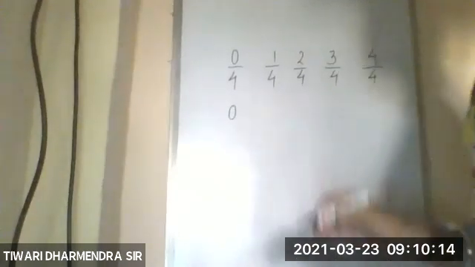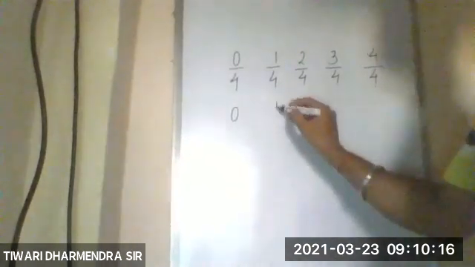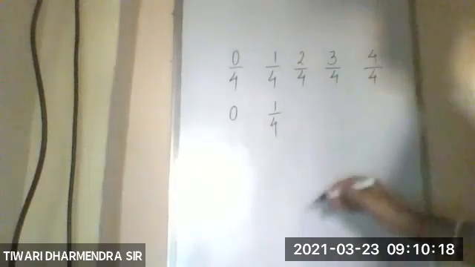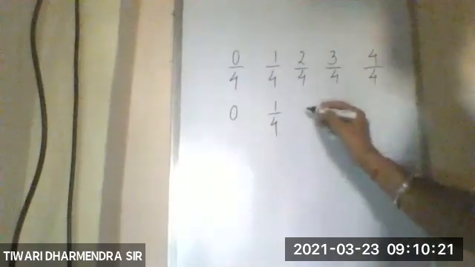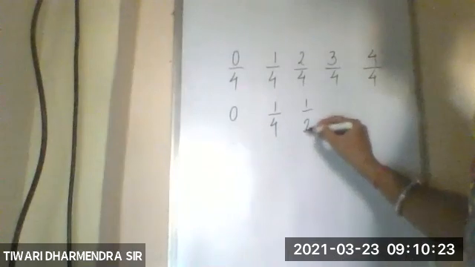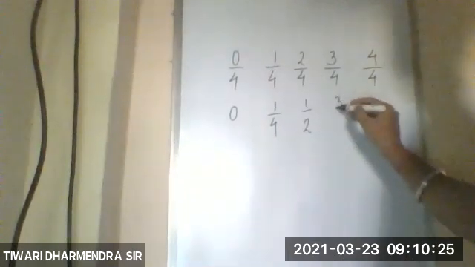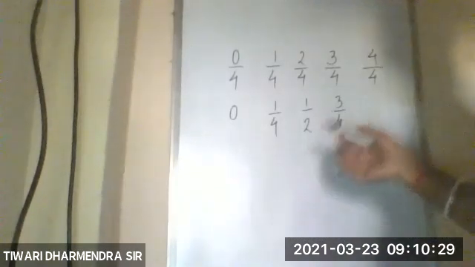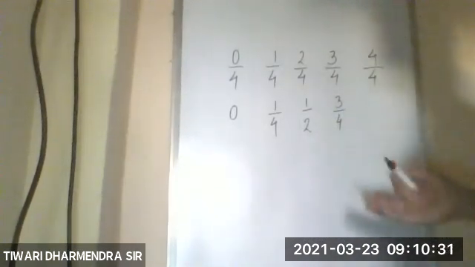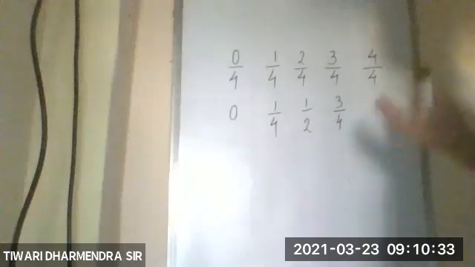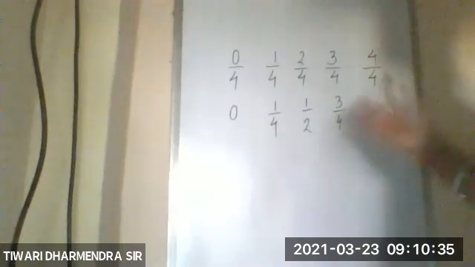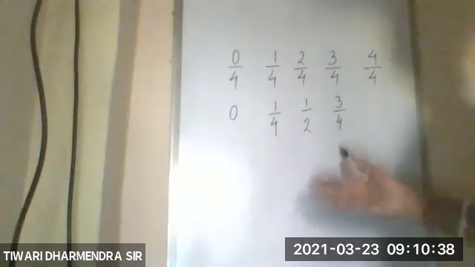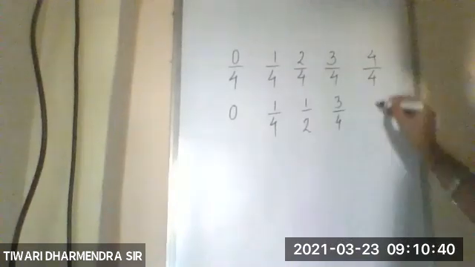Answer is 0, no doubt. 1 divided by 4 remains as it is. 2 divided by 4, it is 1 by 2. 3 divided by 4. I don't want answer in decimals, that's why I'm doing that. I'm keeping the values if they're not getting divided exactly. If they're having some common multiples, we are dividing. If not getting divided, we are keeping it as it is. 4 divided by 4, answer is 1.